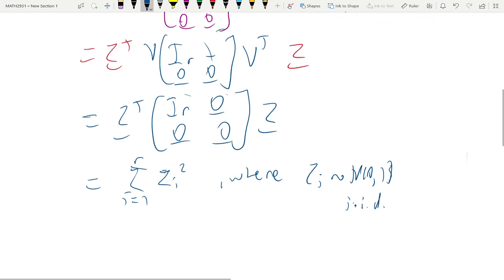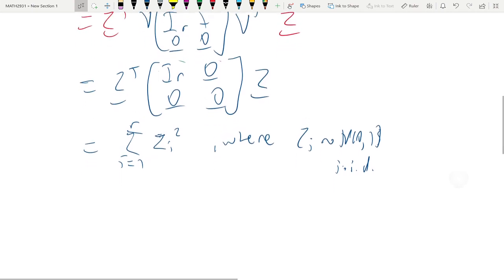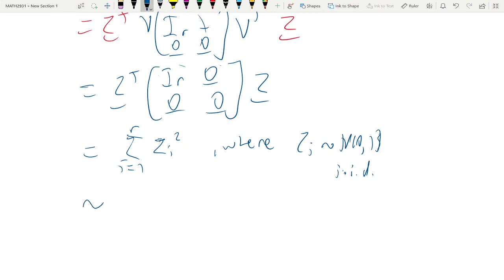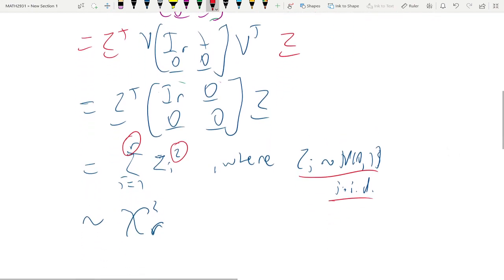Since they're IID standard normal, and there's R of them, this is by definition chi-squared R. You have a sum of R independent squared standard normals, and that just means it follows a chi-squared R distribution.